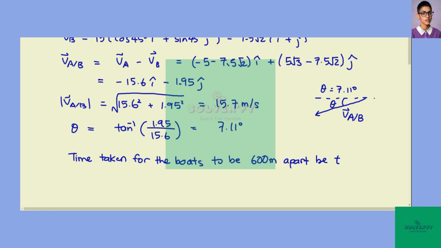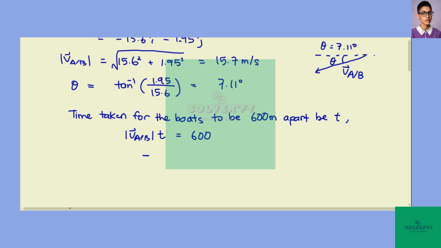So we have the magnitude of the velocity of A relative to B times t equal to 600. So t is equal to 600 divided by 15.7, and we get 38.1 seconds.